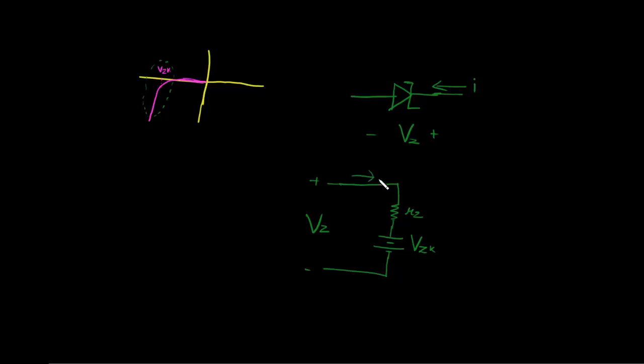This current flows as IZ. What happens is that this RZ, the Zener resistance, is the slope of this curve at the operating point of this diode. For a particular given voltage or current, there will be this point of operation, and at this point the slope defines this value of RZ.